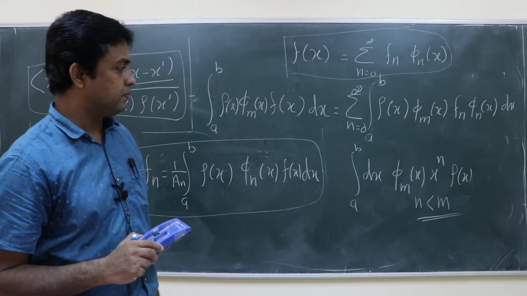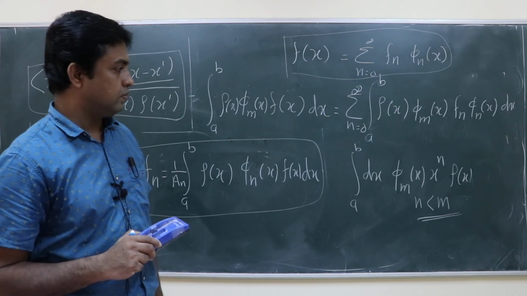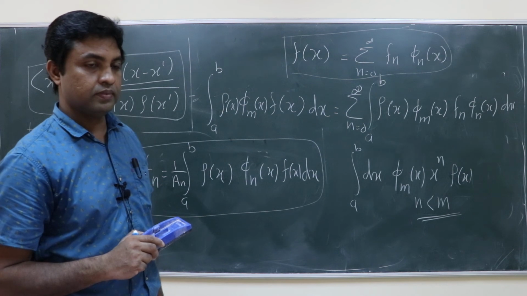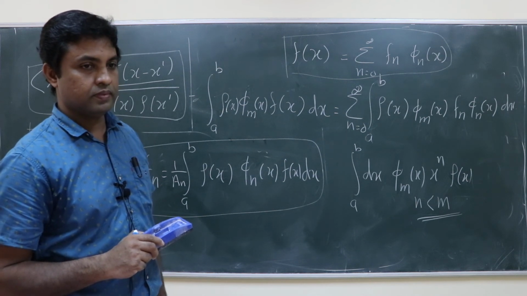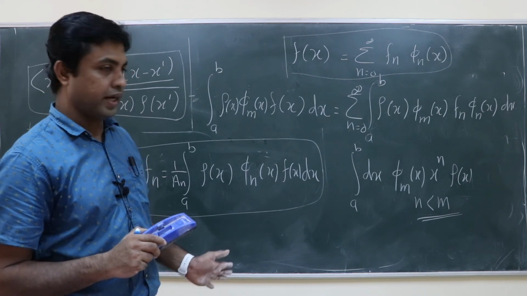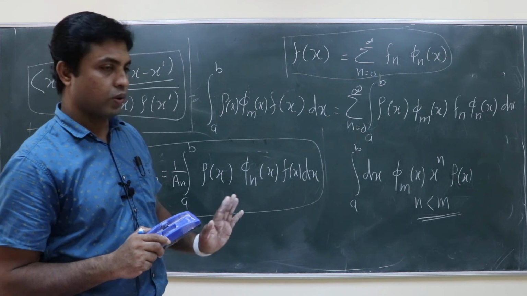Anybody? n is less than m, integral a to b dx phi m of x x power n rho of x.